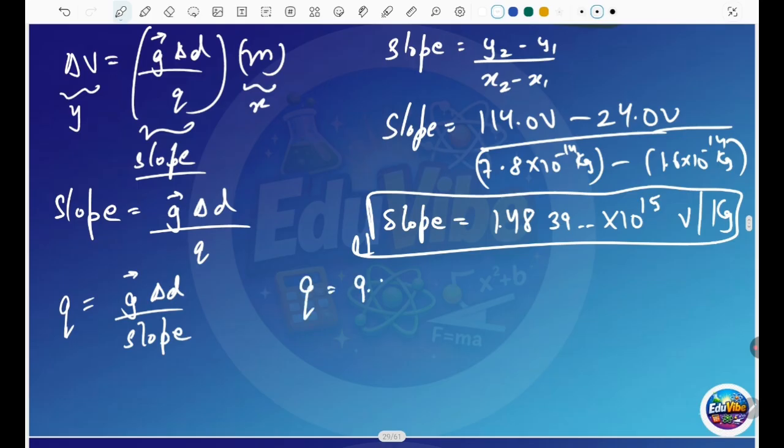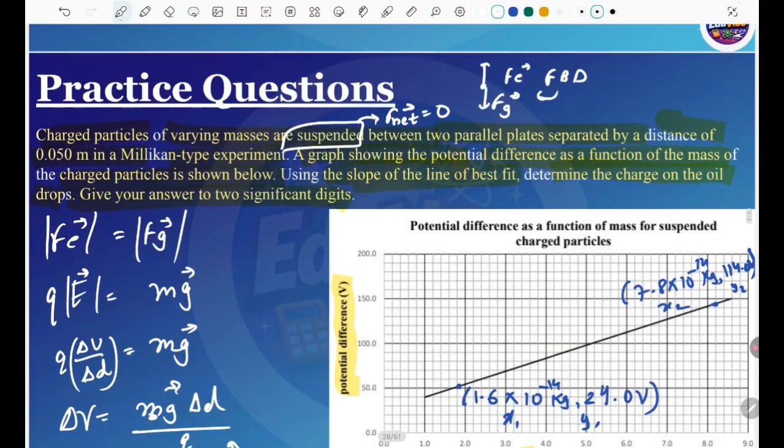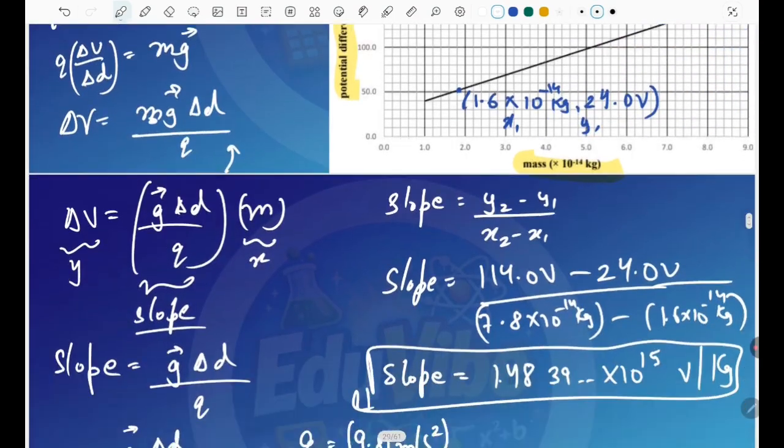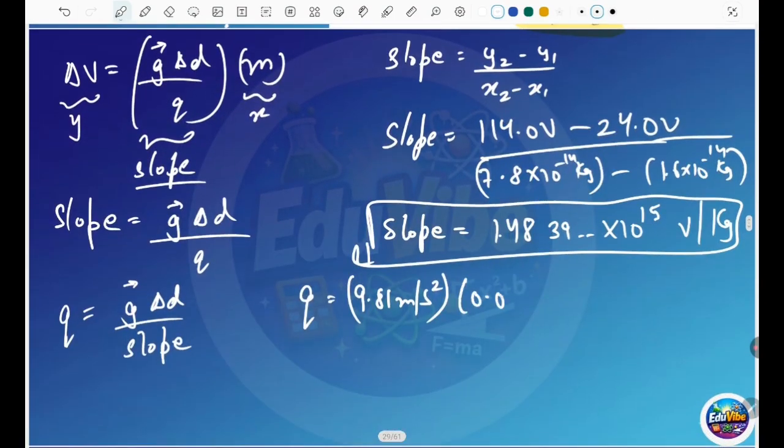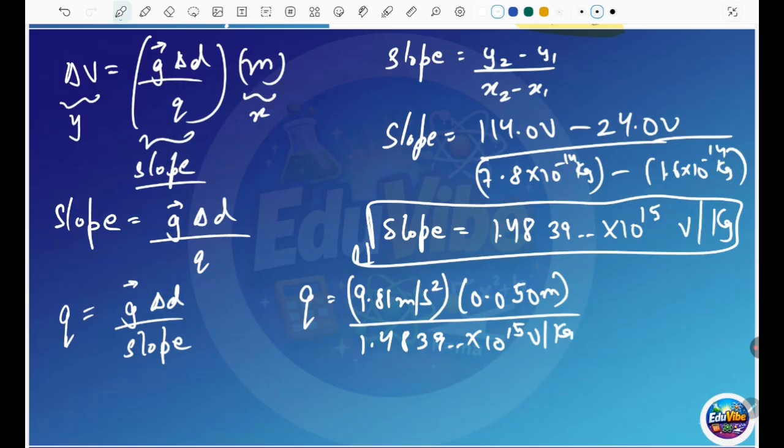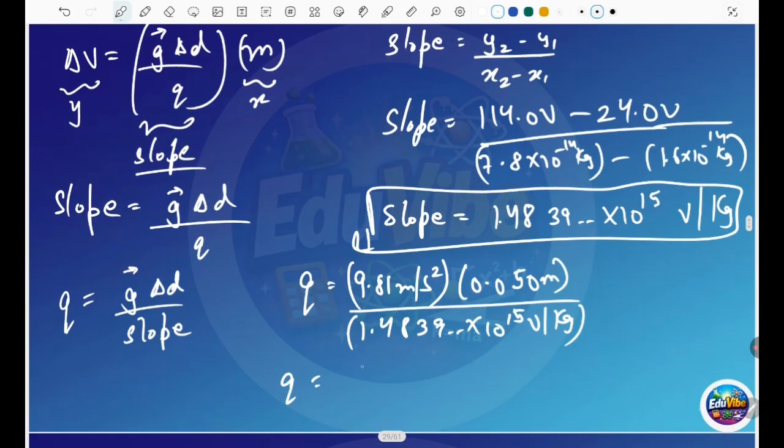So Q is equal to 9.8 meters per second squared, delta D you have over there, 0.050 meters, divided by this whole slope. When you calculate this, you get about 3.3 times 10 raised to power minus 16 coulombs.